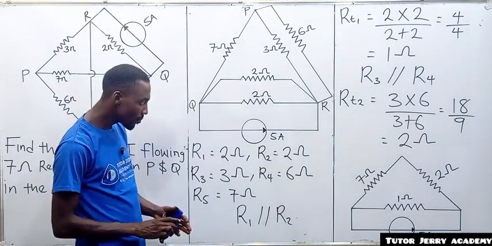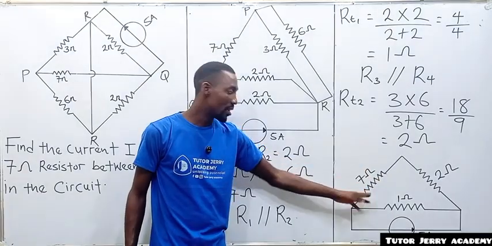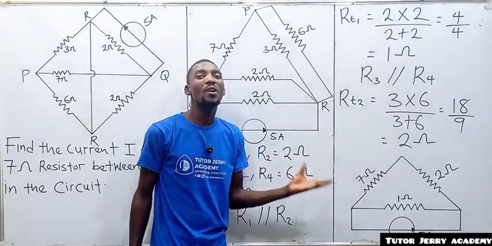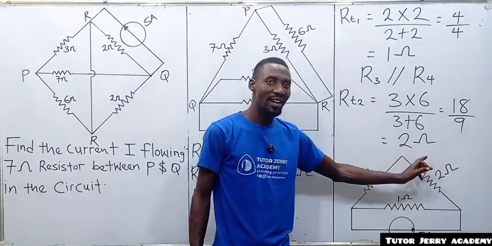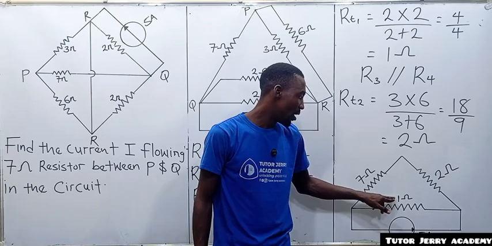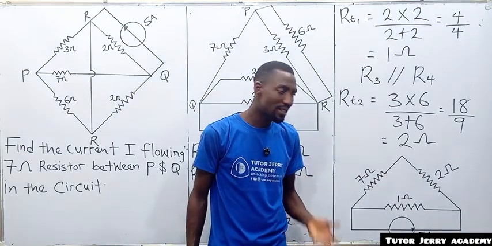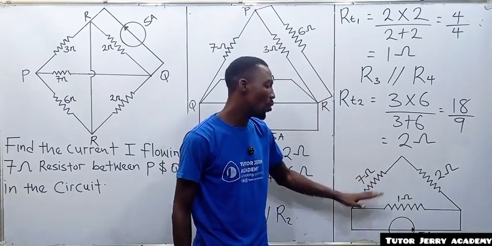All right. So how can we find the current that is flowing through the 7 ohms? We can use the current divider rule, since this one and this one will be in series, right? So the series connection is 1 plus 2, which is 3, right? And 3 will now be in parallel with 7 ohms, right?